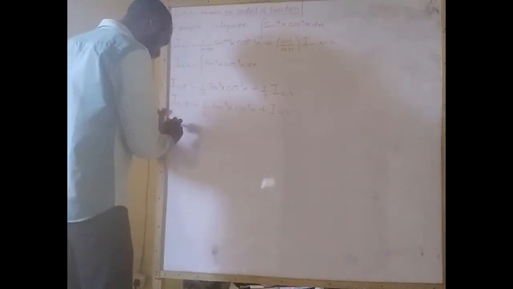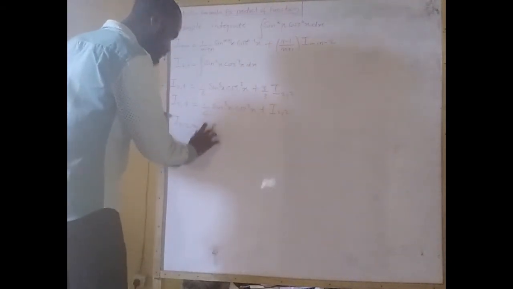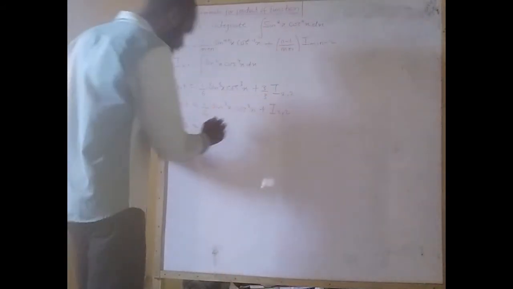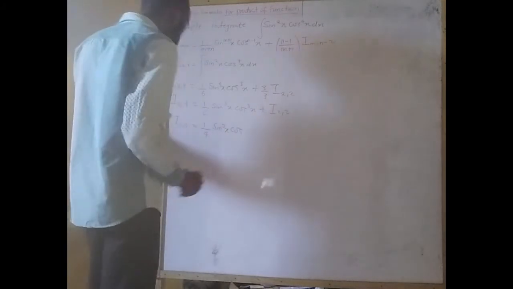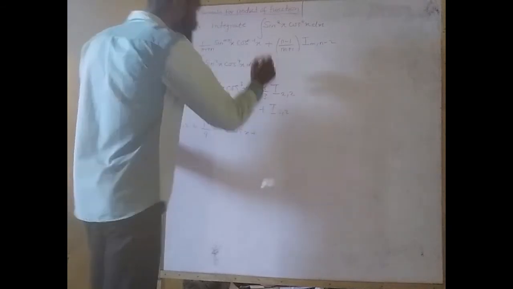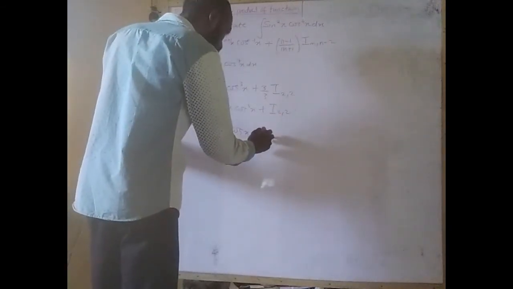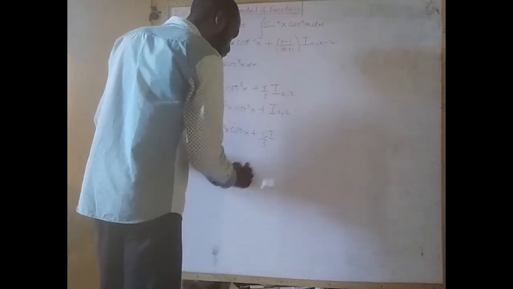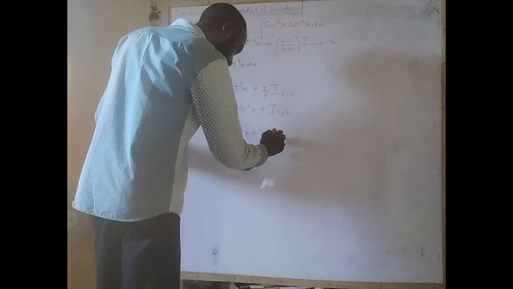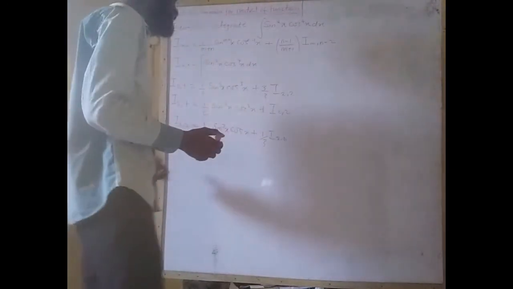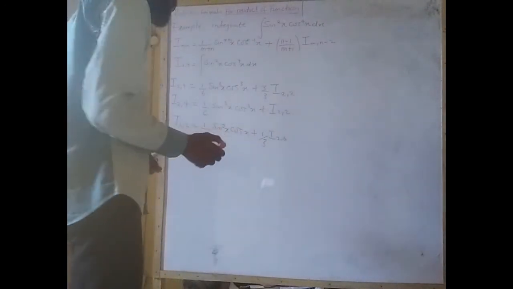Then I(2, 2) will be 1 over 2 plus 2, which is 4, sine to the power 3, cos to the power 2 minus 1, which is 1, x, plus 2 minus 1, which is 1, divided by 3, I(2, 0), because there is no n again. n minus 2 gives 2 minus 2, which is 0.